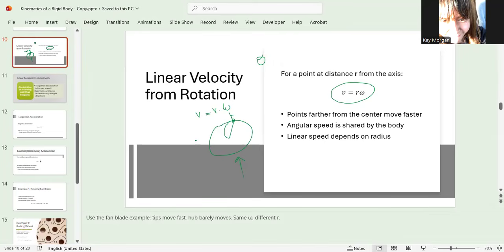Most commonly in most textbooks the point is right there on the circumference, but that point can be anywhere, and the distance measured from the center can be this much, or sometimes your R is here, so your distance is from here to here. Wherever your point is, if you want a linear velocity, all you have to do is multiply angular velocity by that distance and you get it. So it's pretty easy to calculate.